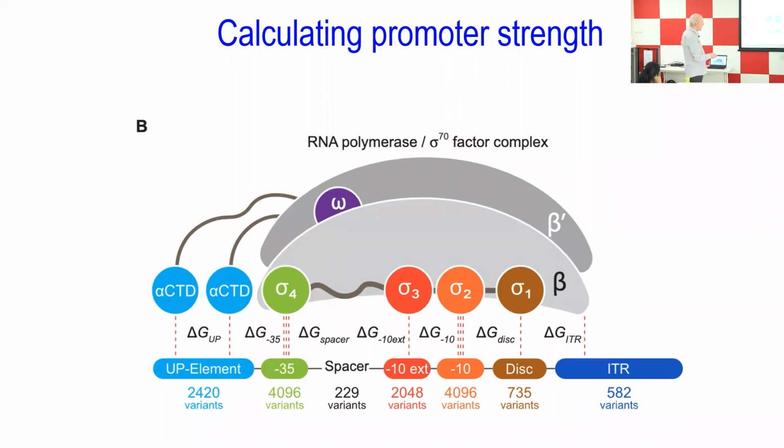So there's this -10 region that interacts with the sigma. Then we have alpha CTD, then one subunit, and this other subunit. What they have done is to analyze, one by one, all the possible sequences that physically touch the polymerase, and to make a large collection of variants of each of these promoters.